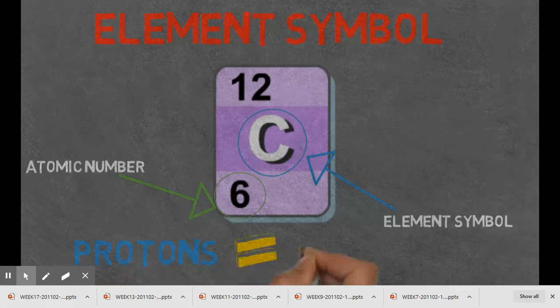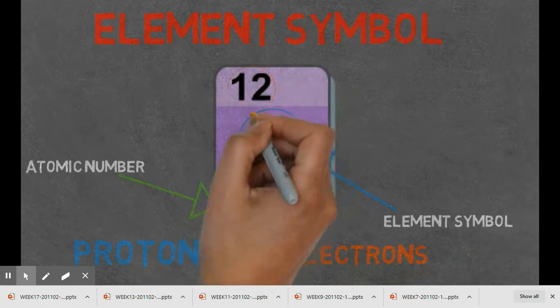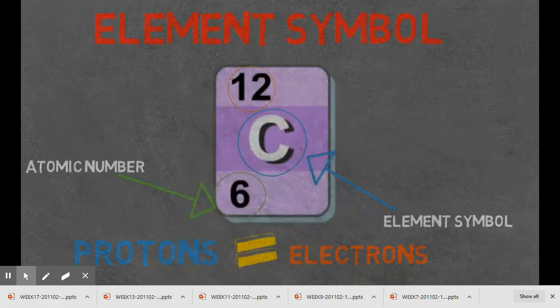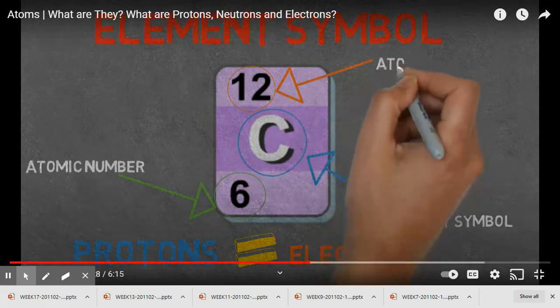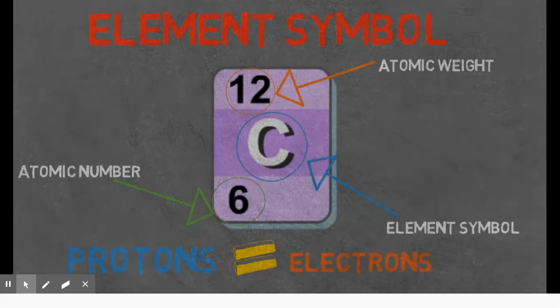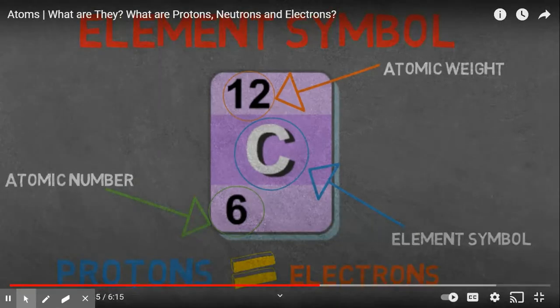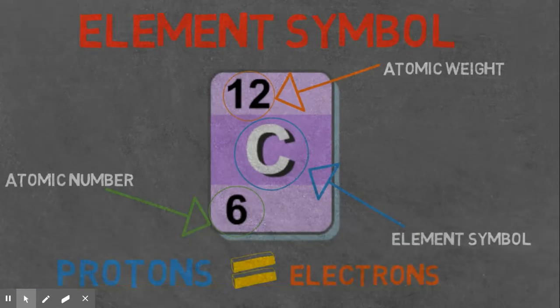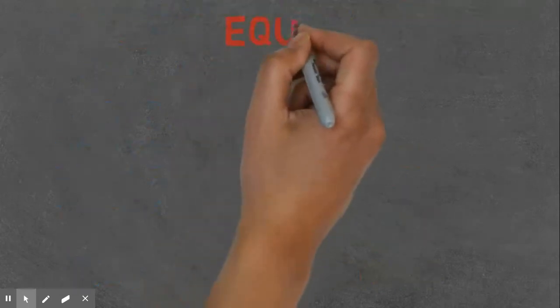In an atom, you have the same amount of protons and electrons, so this 6 also represents the number of electrons in the atom. The 12 is carbon's atomic weight. So remember how we talked about the weight of protons and neutrons? The number is those two added together. You might be wondering what happened to the electron. But if we remember, the electrons have almost zero weight, so they're not included in the calculation.